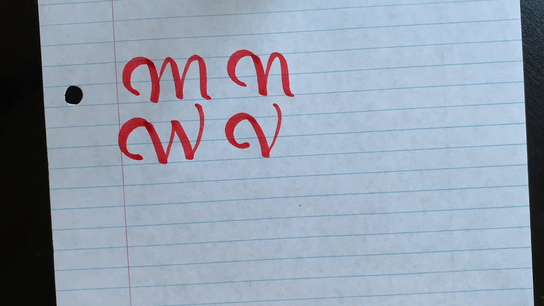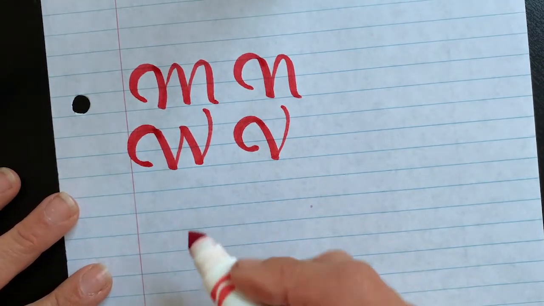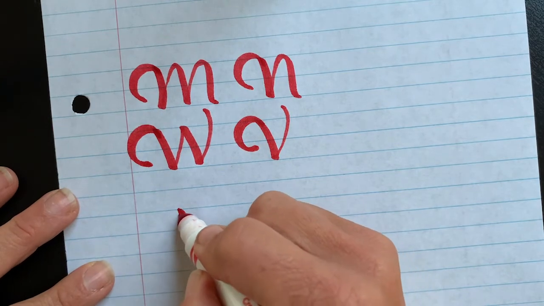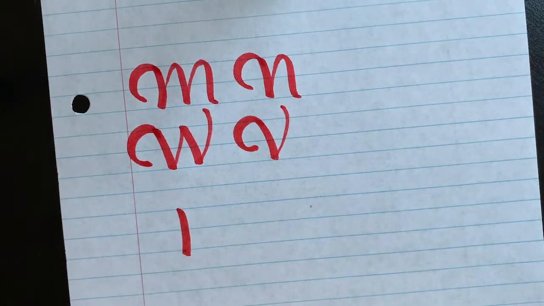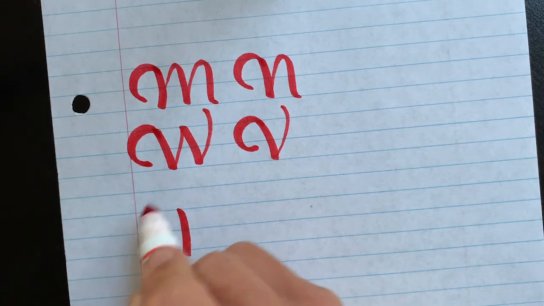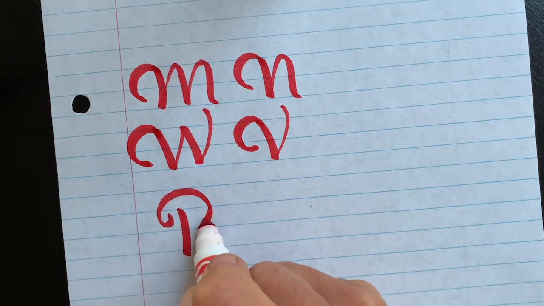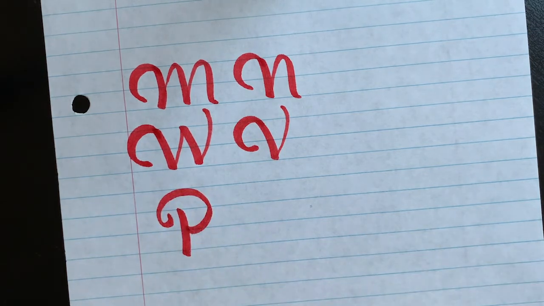There are other things you could do, maybe with the B's and the P's and things like that. So if you start out with your downstroke for, let's say, a P, you could maybe add a curl to it, around like that. Different ways of trying out styles can be really fun.